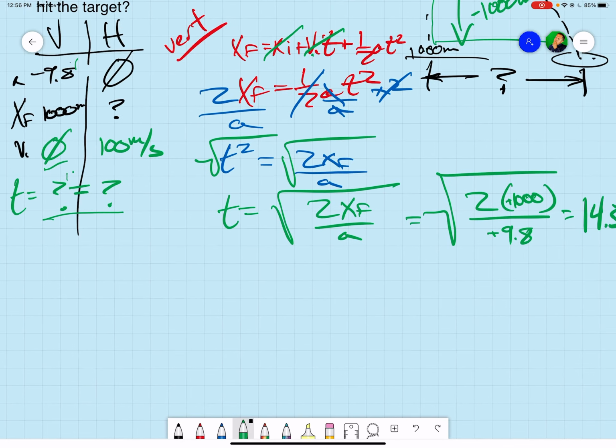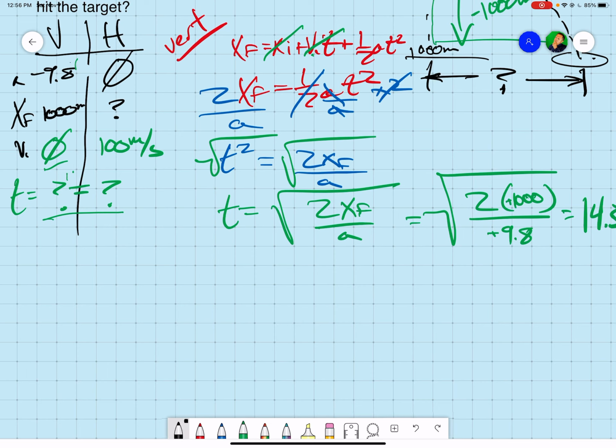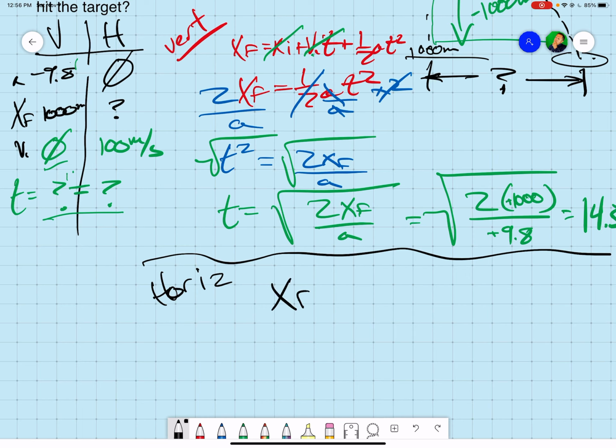Now we have to go to horizontal. All right, so horizontal. So we don't want to mix the two. Never put in vertical numbers for horizontal and vice versa. So horizontal, I have XF equals XI plus VI times T plus 1/2 AT squared again. But in this case, my horizontal acceleration is 0. So that is gone.